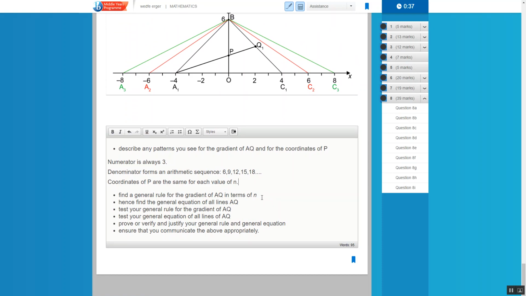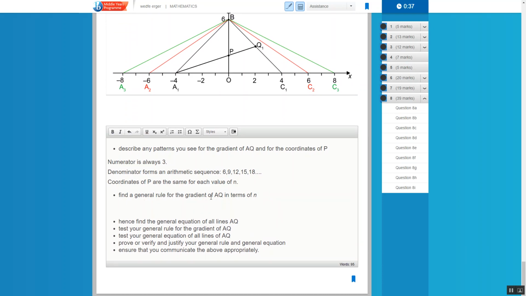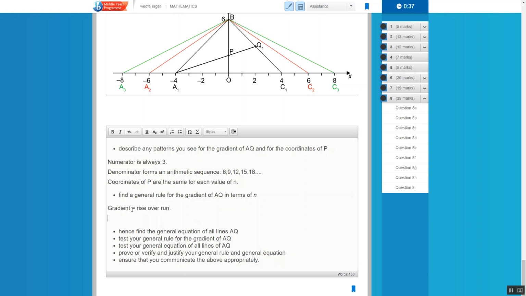Find a general rule for the gradient of AQ in terms of n. Okay, so gradient is equal to rise over run. We know it has to be 3 over something.